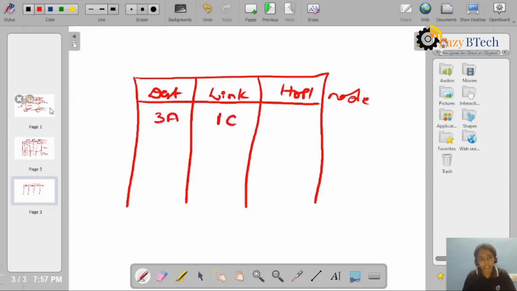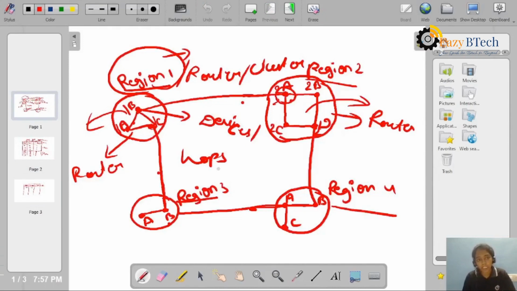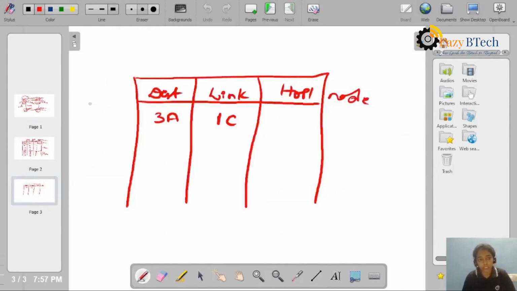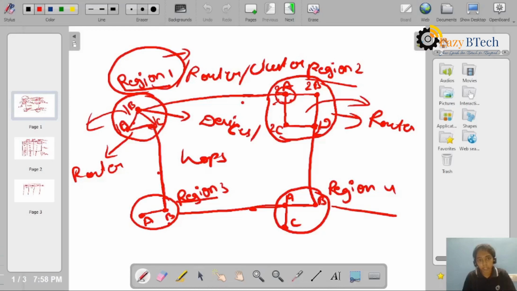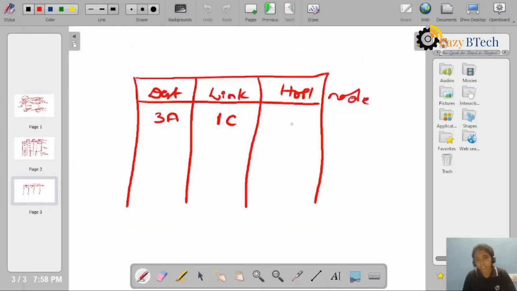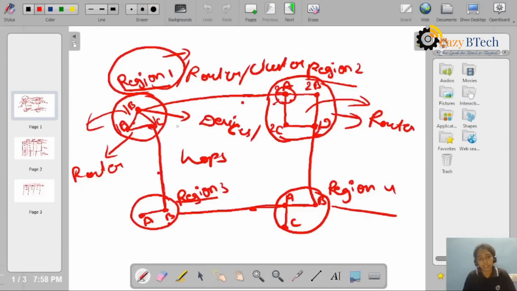How many nodes are connected? 3 nodes. Next, 3B is from 1C, only 2 nodes. So I can write these nodes as 3A, 3B.